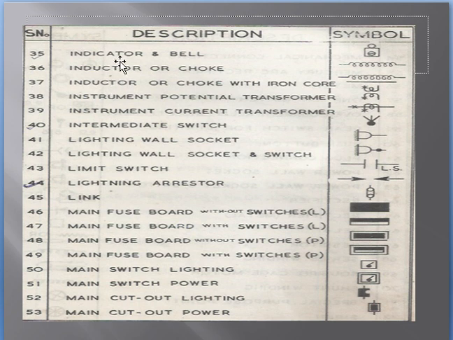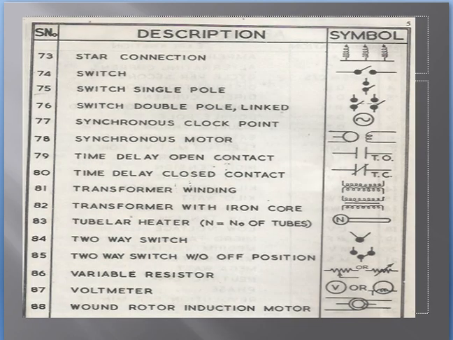Here you can see inductor and bell, inductor and choke, lightning arresters. These represent the symbols of a lightning arrester, limiting switch, lighting wall socket, switch. Next, cutout. These are all the diagrams related to electrical drawing.